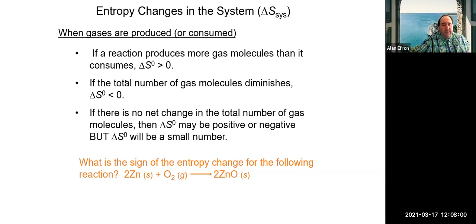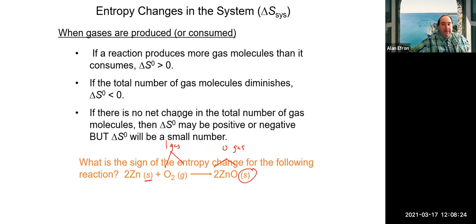In this particular case, if we look at the reaction, this is a solid, so we want to look at that. But we do have 1 gas molecule on the left-hand side and no gas molecules on the right-hand side. That is a solid, not a G. That means we're going from 1 gas molecule flying around to nobody flying around, if you want to think about it that way.